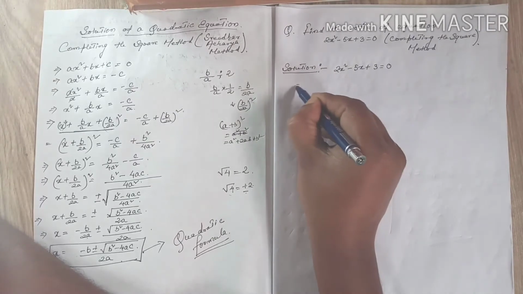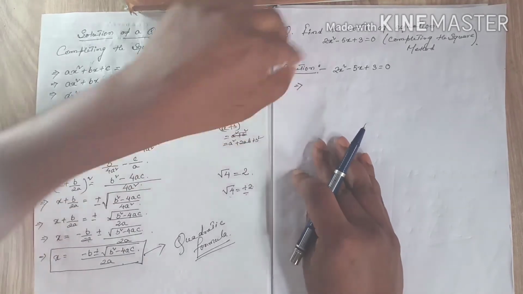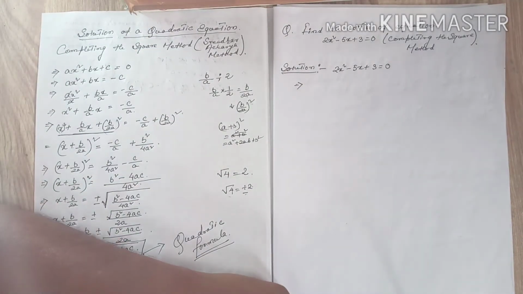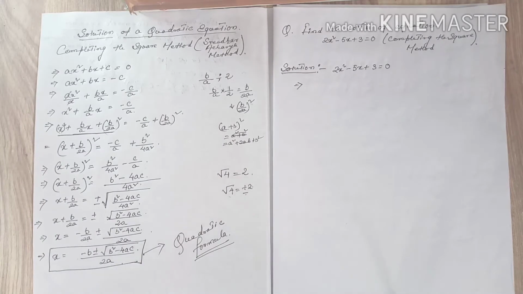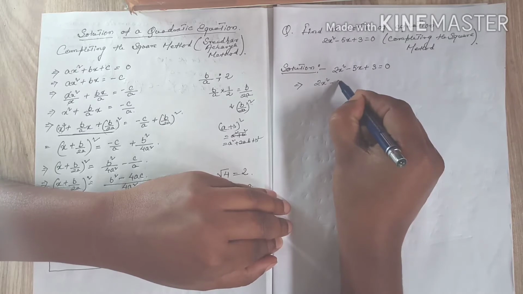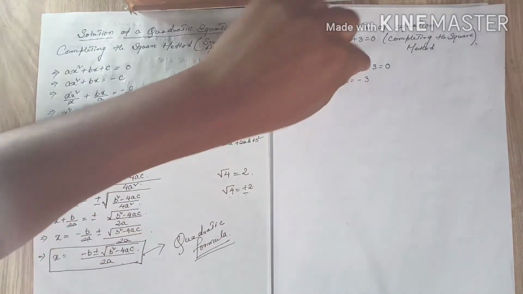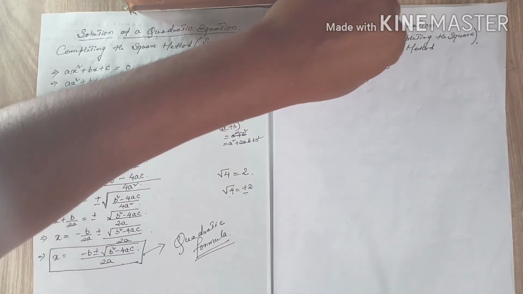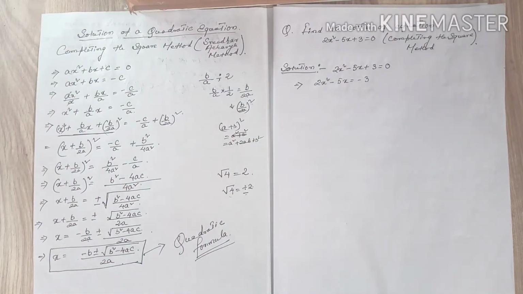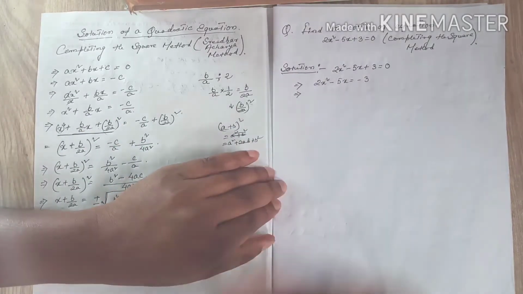I told you, the first step is you have to transpose the constant term to the right side. The constant term here is 3. So 2x square minus 5x is equal to minus 3. I transposed this constant term, plus 3, to the right side and it became minus 3. This is the first step.